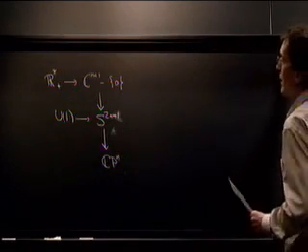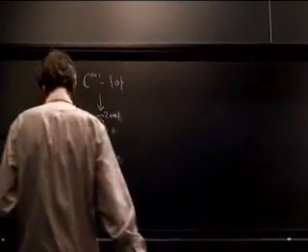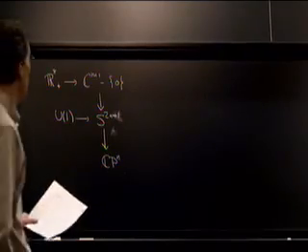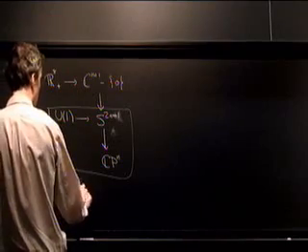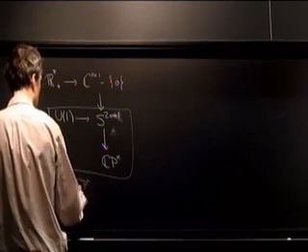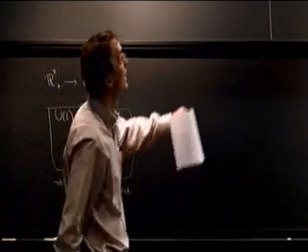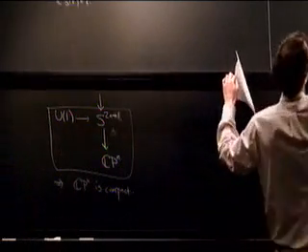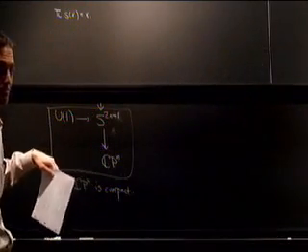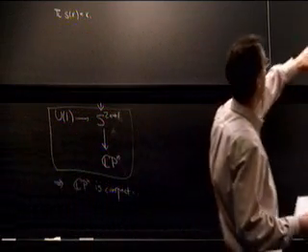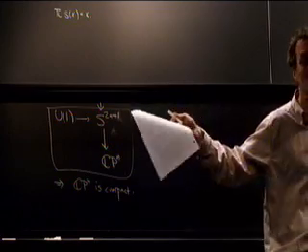Okay, so as before, these two presentations of CPN each have their advantages. From this point of view, it's clear that CPN is compact, whereas it's not at all clear that CPN is compact when you look at it from this point of view. Because, you see, this is a non-compact space, and this is a non-compact group, so you don't know.